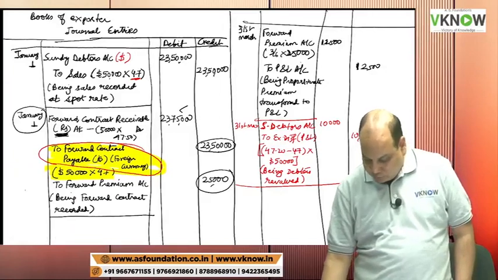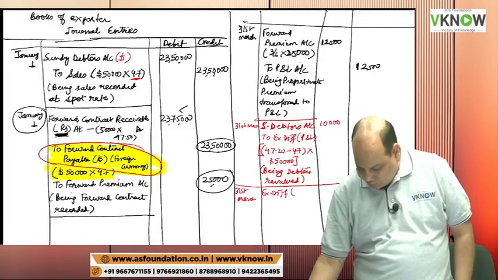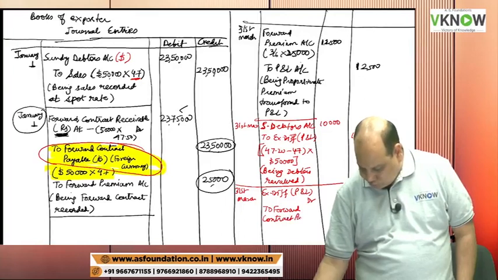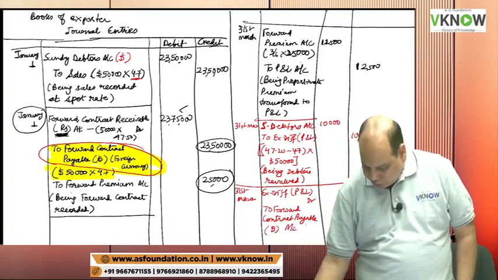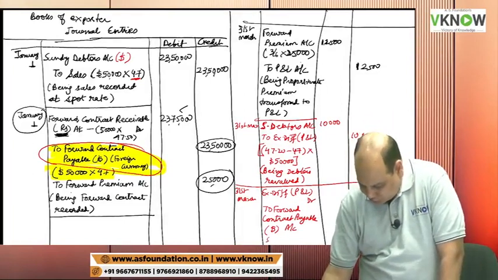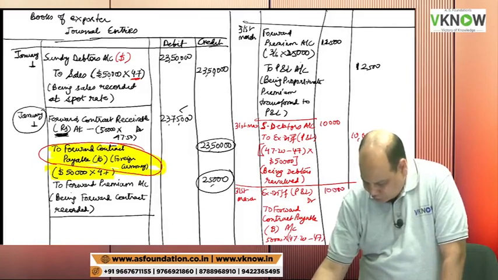So the entry would be now same date, 31st March: exchange difference (P&L account) debit to forward contract payable, to forward contract payable (dollar account), and the calculation will be same. 50,000 into 47.20 minus 47, 10,000 rupees.